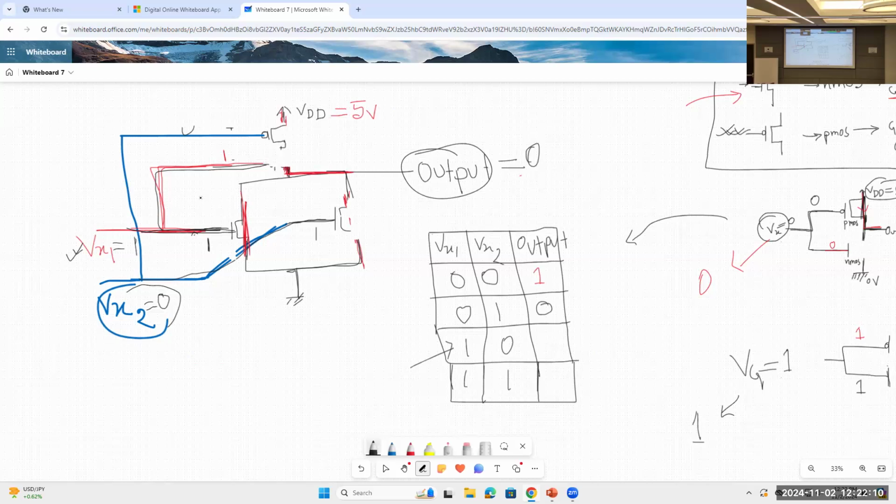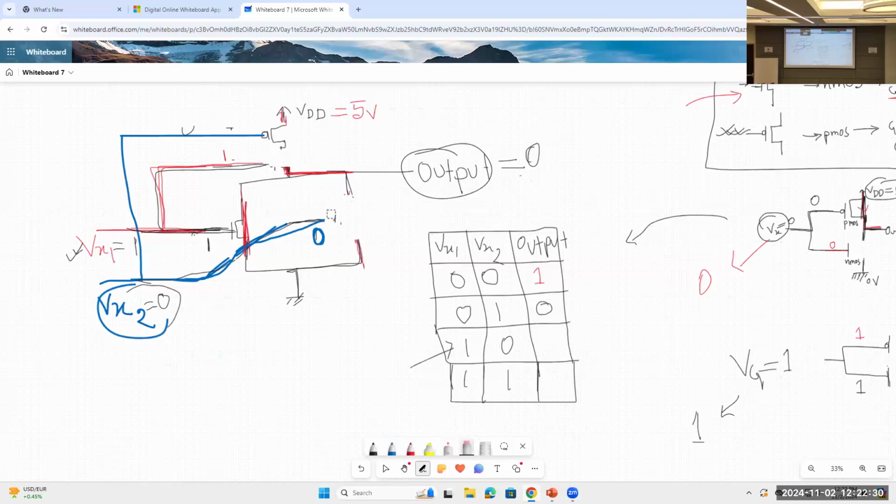And let's now analyze VX2. Here VX2 is equal to 0. This VX2 will come here, so this NMOS will get 0. If it gets 0, it will be turned off. This will be disconnected, right?